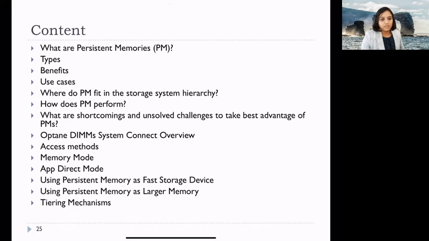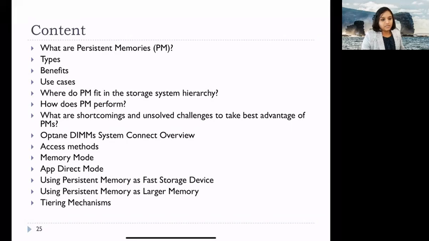We would take a look at Intel Optane DIMMs and how to connect them to the system, and the different access methods that this Intel Optane DIMM provides. Intel Optane DIMMs are just a particular type of one of the most famous persistent memories in use today, with different modes of access that it provides, such as memory mode and app direct mode.